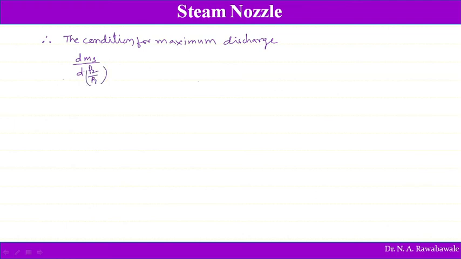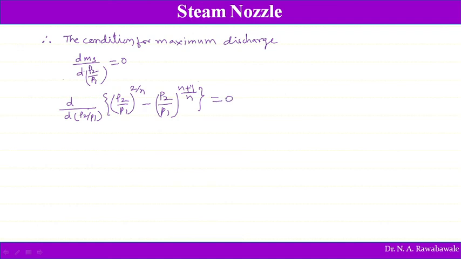Here p2 divided by p1 is taken as a variable and equating it to 0, we get the condition. So differentiating the term which was there, (p2 divided by p1) to the power of 2 divided by n minus (p2 divided by p1) to the power of n plus 1 divided by n, and equating it with 0, we get the condition.